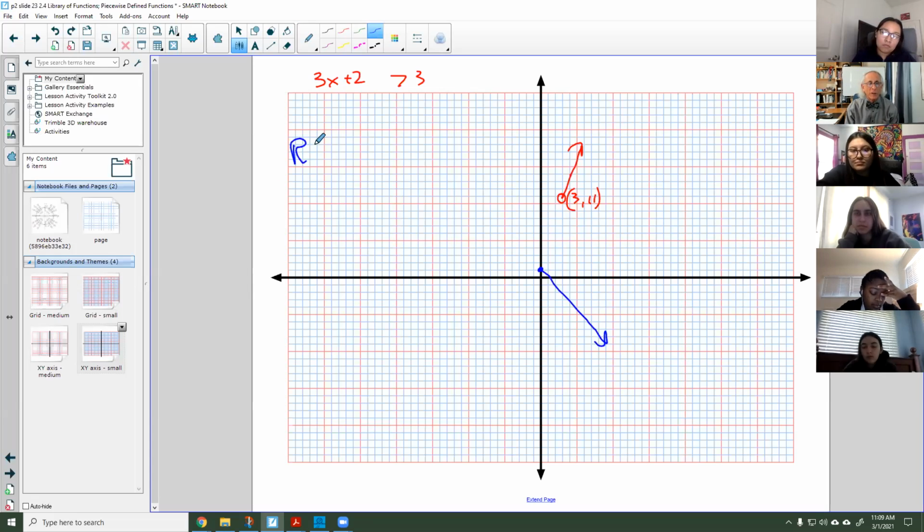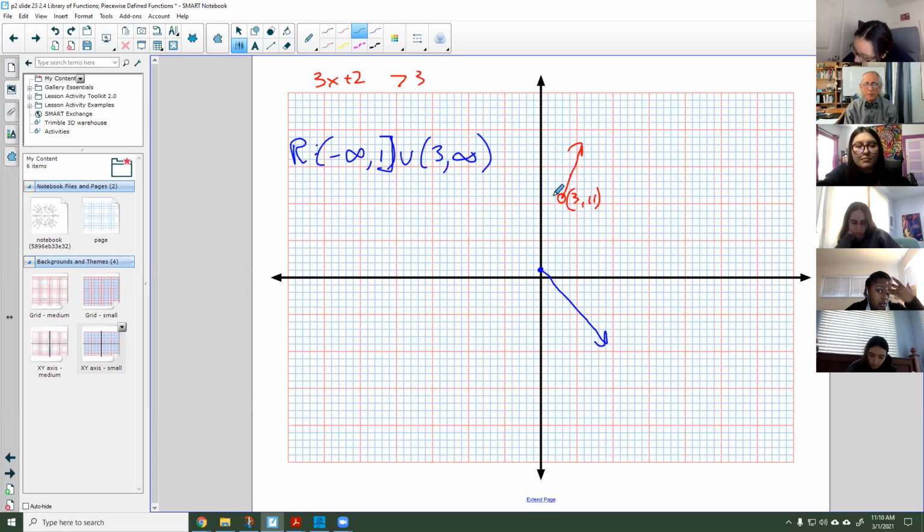the range here was going from negative infinity to 1, and then I would have to do a union, 11 to infinity, because I have this big gap right here. I'm sorry, no, not 3 to infinity.